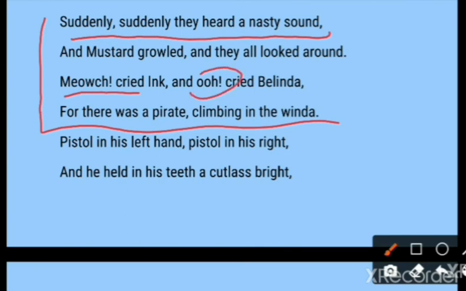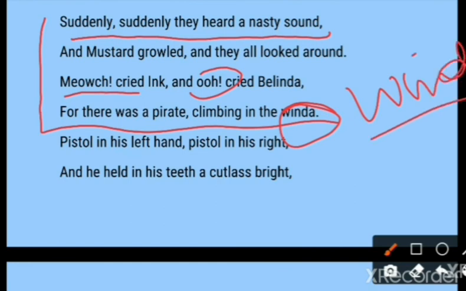And this is the craftiness of Ogden Nash, that he has used this "winda" to create rhyme instead of "window." It is actually poetic license, he can do this, but he has misspelled this word, window, and written it as "winda" so that the rhyme can be created, Belinda, winda.